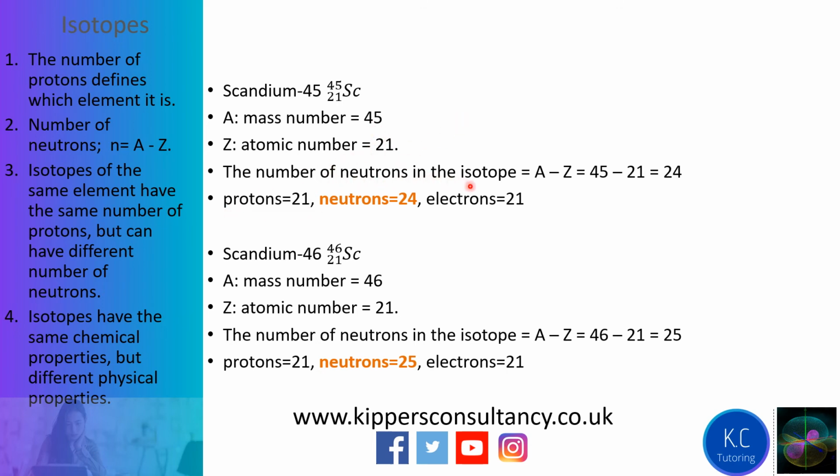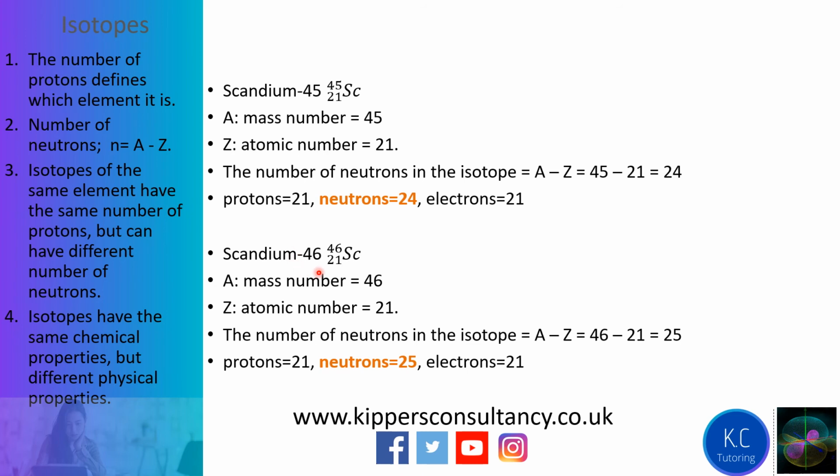The number of neutrons would be the mass number minus the atomic number, 45 minus 21, which is 24. So scandium 45 has 24 neutrons. If we compare this to scandium 46, that has a mass number of 46 and an atomic number of 21, so the number of neutrons is 46 minus 21, which is 25. So scandium 46 has 25 neutrons.